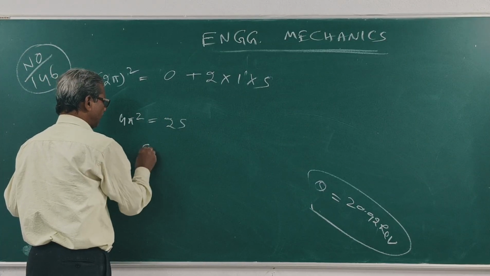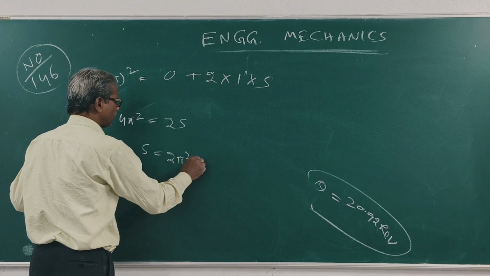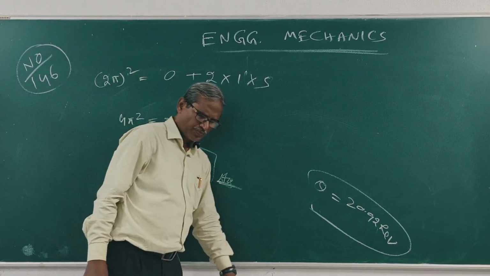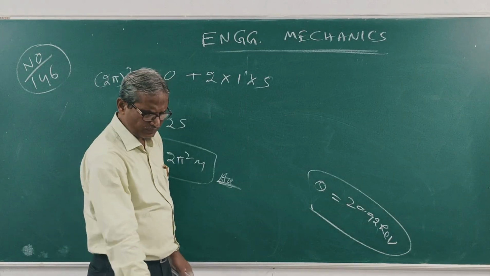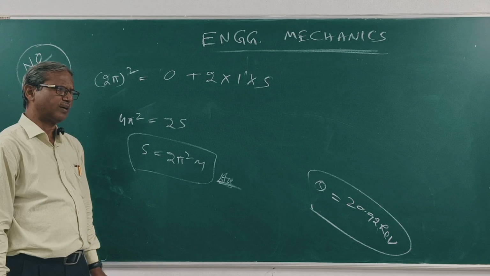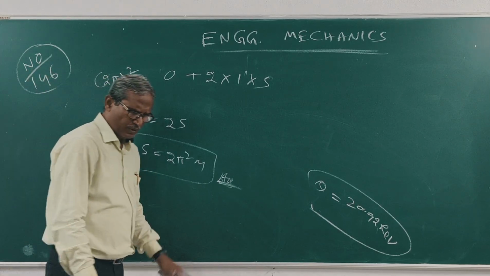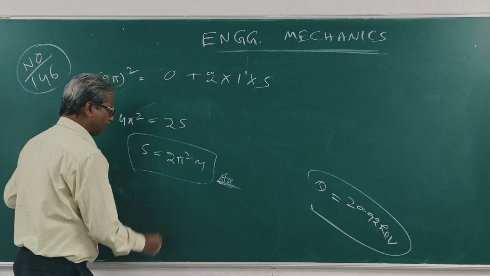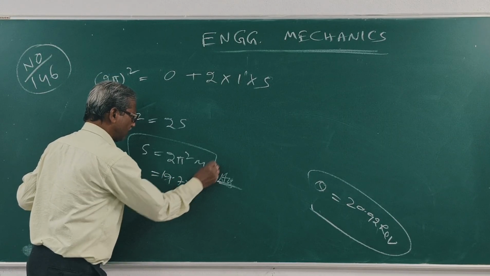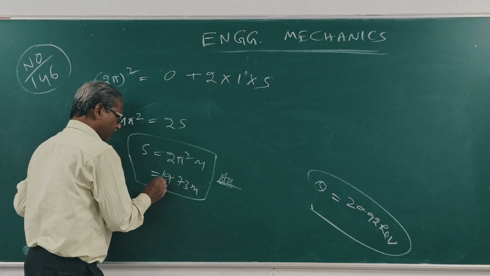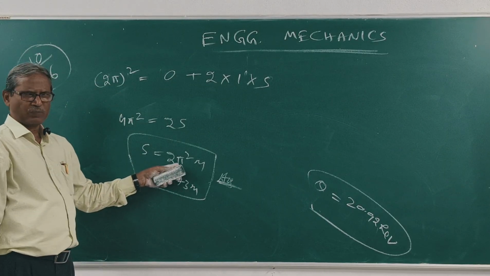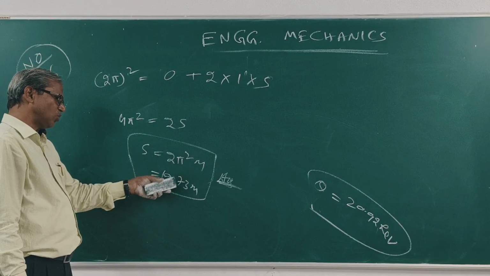So s is equal to 2 pi square meter. This is the answer, right? Pi means 3.142, square, into 2. This may be 90.73 meter approximately. Clear? You use a calculator and find this one. 2 pi square, putting pi equal to 3.142, square into 2, is 90.73 meter.